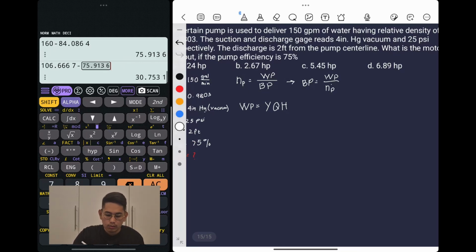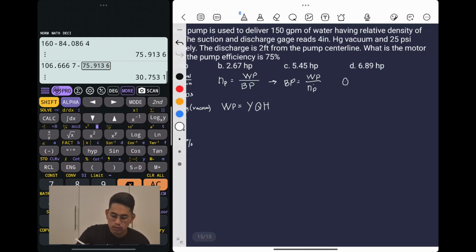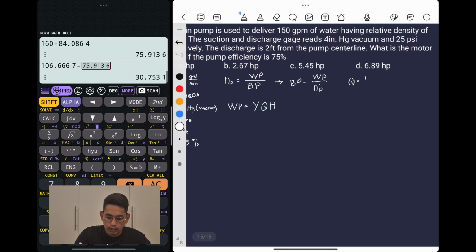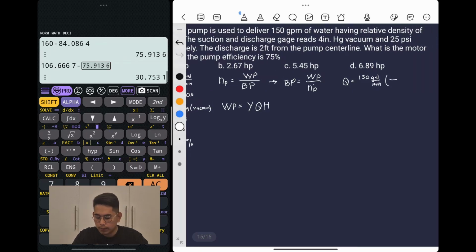So sa Q, meron tayong Q. Sa head naman, wait, pwede pala natin unahin ang Q. Lagay sa gilid kasi nakagalon siya. Gawin na natin gallon per minute. Gawin natin siyang meter cube or dahil naka-English, feet cube.